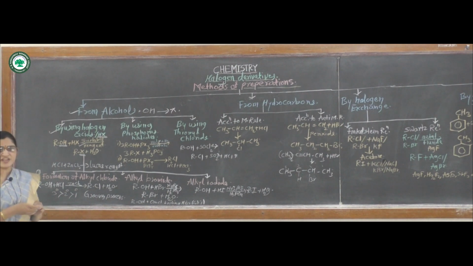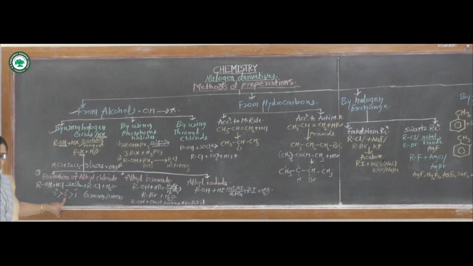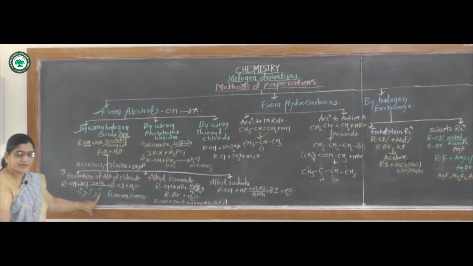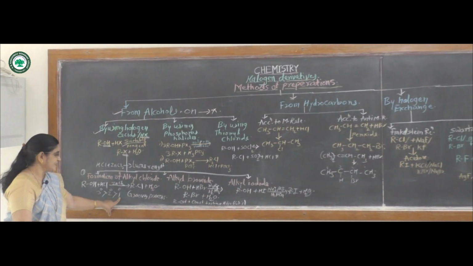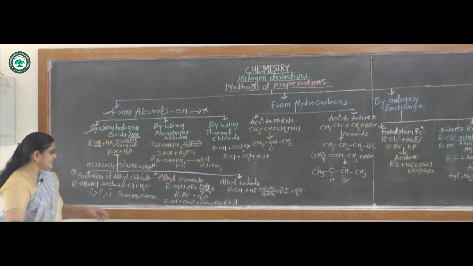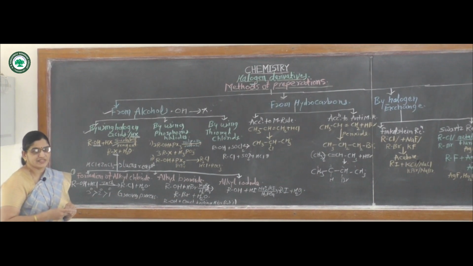But for tertiary alcohol, only HCl reacts with the alcohol and gives tertiary alkyl halides. Hence, the order of reactivity of alcohols is tertiary greater than secondary greater than primary, or third degree greater than second degree greater than first degree. This method is called Groove's process.